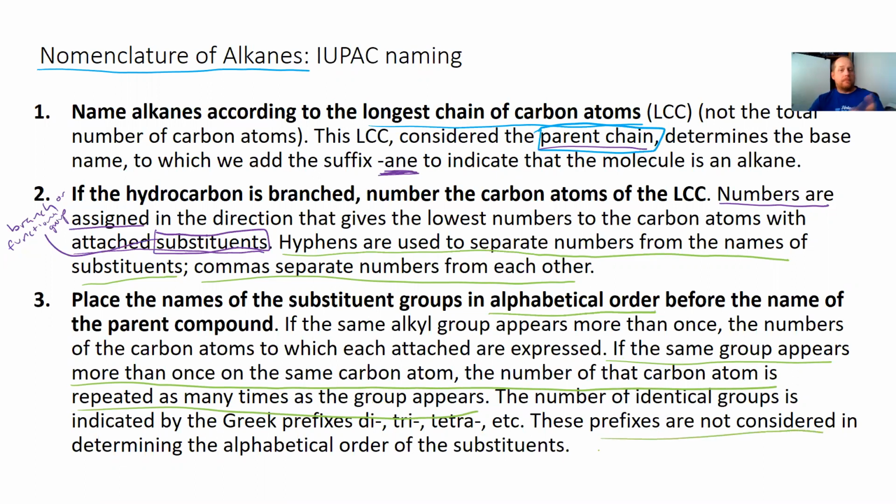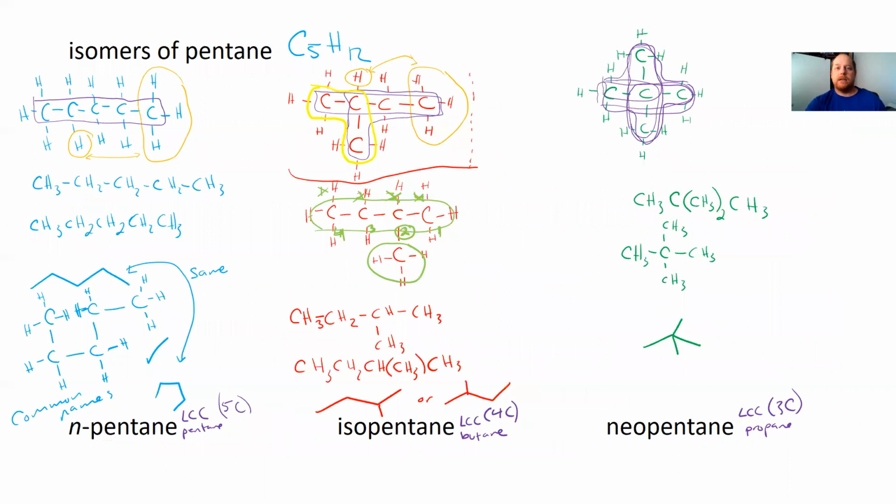So if you have two methyl groups, it would be dimethyl. If you have dimethyl, you need two numbers. We'll look at that for pentane in a minute.